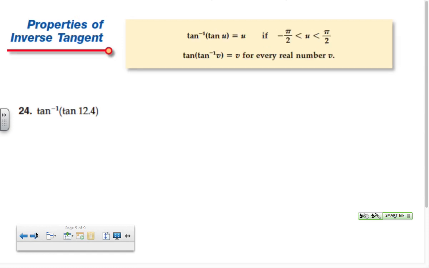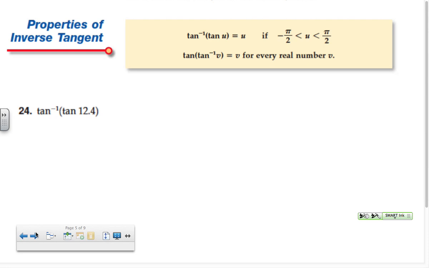Here's a tangent one. I just wanted to show you these before we get into the complicated ones where we're not using calculators. The u has to be between negative pi over 2 and pi over 2, and it's not. If the tangent came first, we could do it, and it would be 12.4.